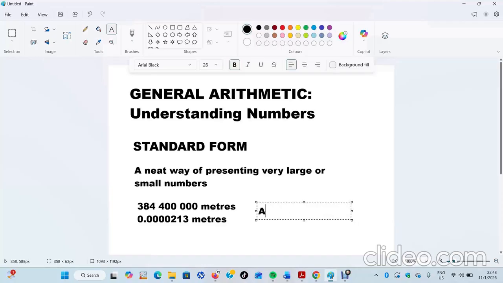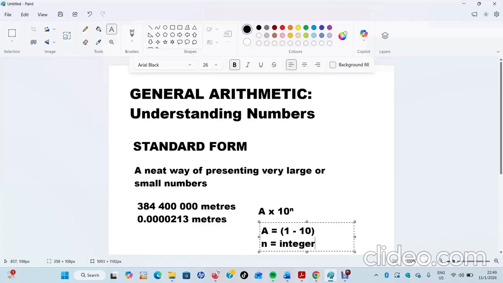So this is why we need to express them in standard form, which normally takes the form a times 10 to the power n. That's the common form of a standard expression, where a is any number from 1 up to 10, and n is an integer.